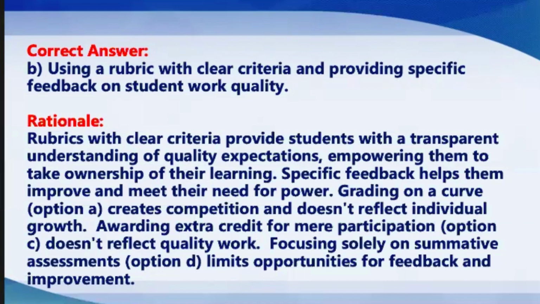Specific feedback helps them improve and meet their need for power. Grading on a curve in option A creates competition and doesn't reflect individual growth. And then awarding extra credit for mere participation, that's option C, doesn't reflect quality work. And then focusing solely on summative assessments, that's option D, limits opportunities for feedback and improvement.